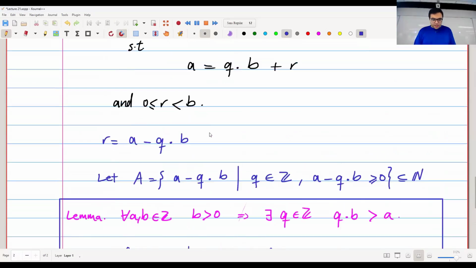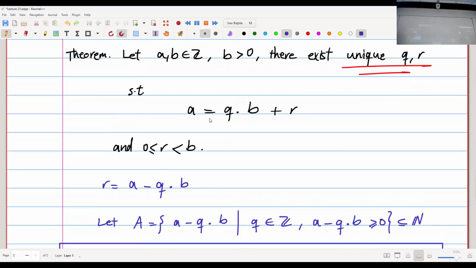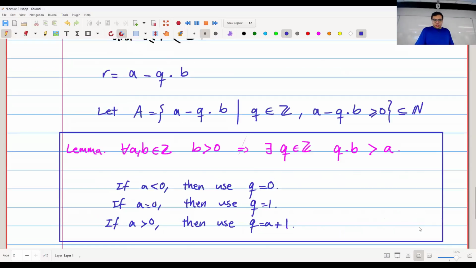We're going back to our main theorem. Remember, I have A and B. I want to show that I can write A as QB plus R, where R is between 0 and B. I decided that, okay, R is A minus QB. So let's look at all the numbers that can be written in this form, A minus QB. This is a subset of natural numbers.